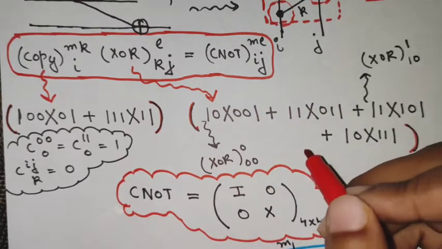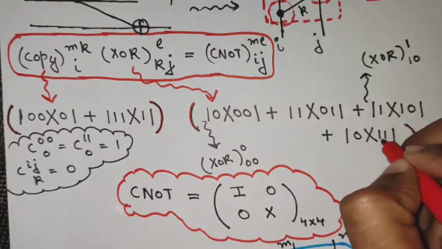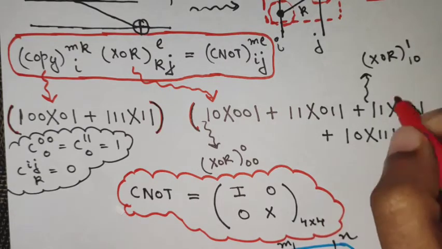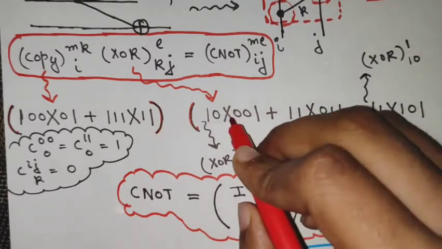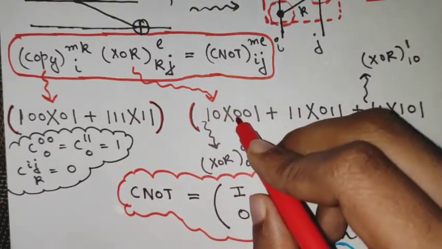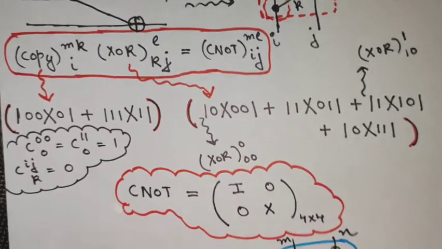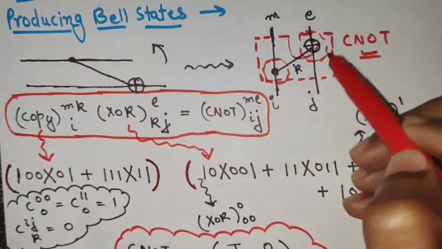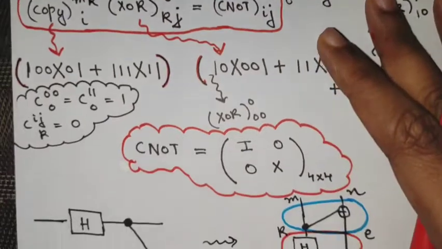So the XOR operation is, let's see, 1 plus 1 modulo 2 gives us 0. 1, 0 is a 1 and it preserves that, 0, 1 is a 1, it preserves that, and 0, 0 is 0. So it is taking the modulo with respect to 2. These together form the CNOT operation, and this is the entire circuit of the CNOT operation. These are the tensorial forms.